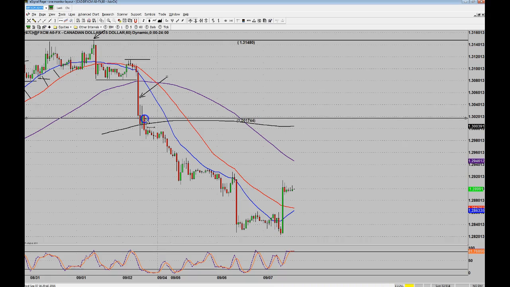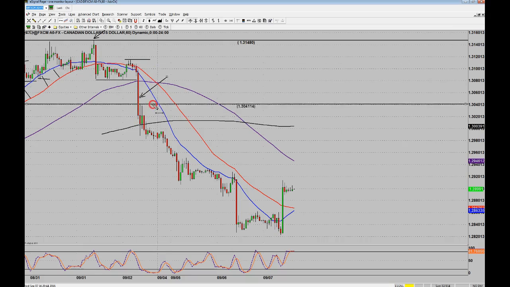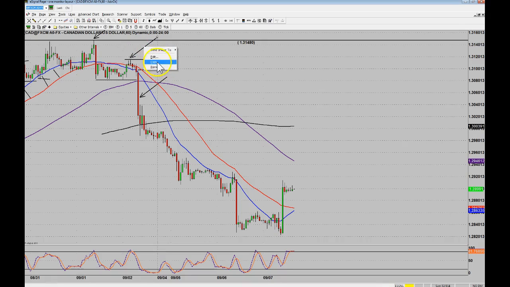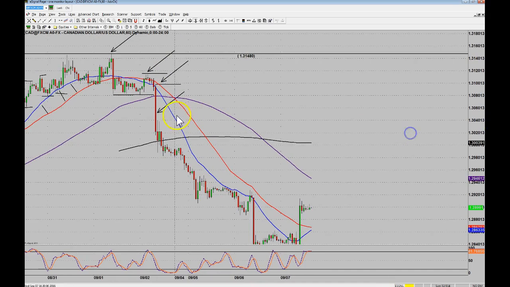My gosh, it's almost an 80 pip bar, okay? 80 pips in 1 hour. Where would your stop go? You'd move your stop right to there, okay? Or at the worst, you'd move your stop down into to here. So we're talking about stop placement right now.